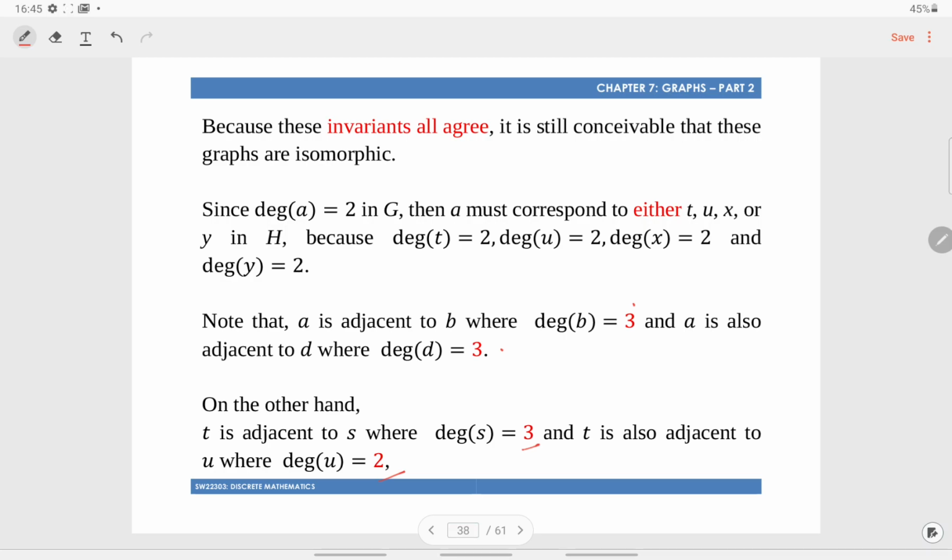But T is adjacent to vertex S with degree 3, while U, the other vertex adjacent to T, has degree 2. It must be 3 and 3. Because the degree of U equals 2, we can say that T does not correspond to A, so we cancel this one.